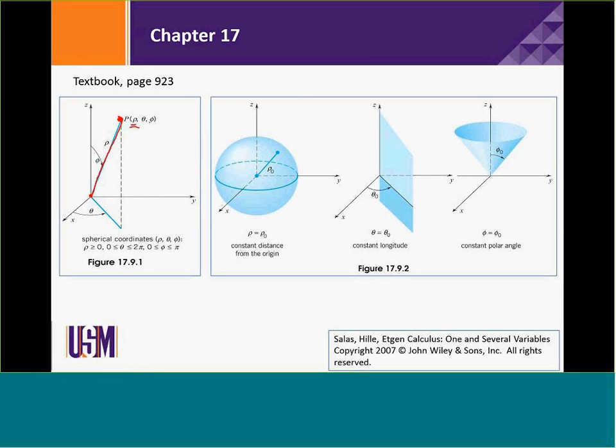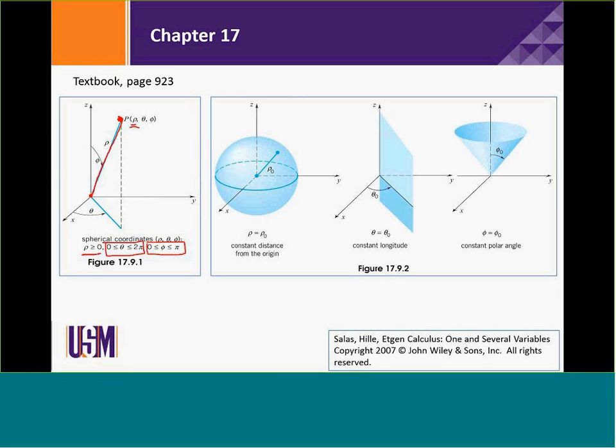Phi is the angle from the z-axis. So for phi, it is limited to 0 to pi only, theta from 0 to 2 pi, and rho must be positive because it's the distance from the origin. The distance cannot be negative.